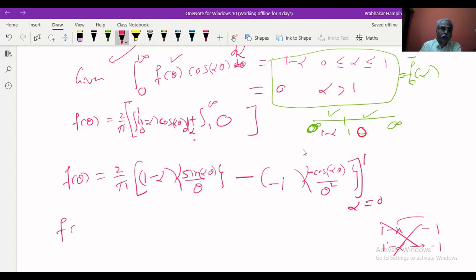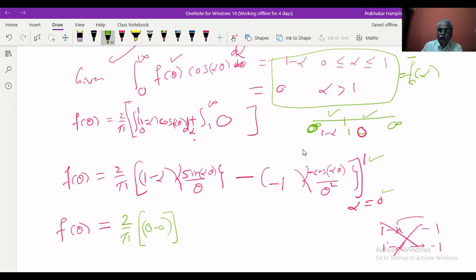Now let me substitute the limits, upper limit minus lower limit. At the upper limit alpha equal to 1, 1 minus 1 is 0. At the lower limit alpha equal to 0, sine 0 is 0. So the first term is 0 minus 0.